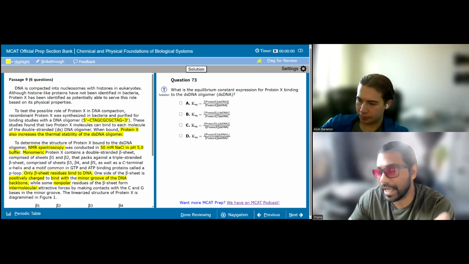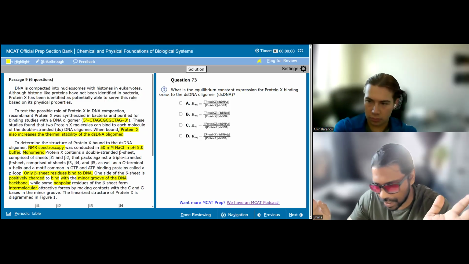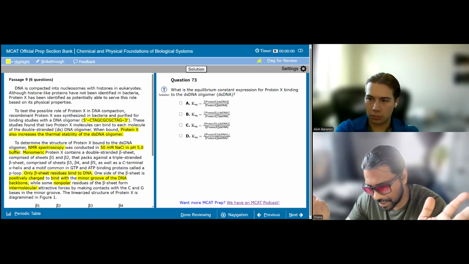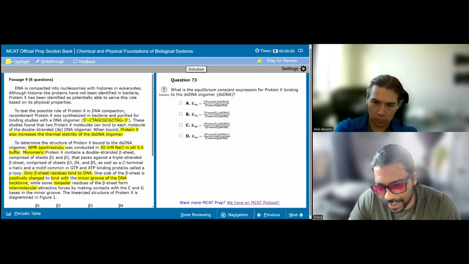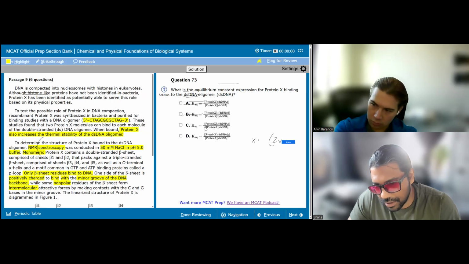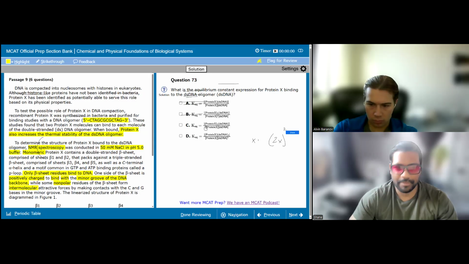Same thing as if you had x times 2x squared: you put the 2x inside the parentheses, in addition to the squaring.